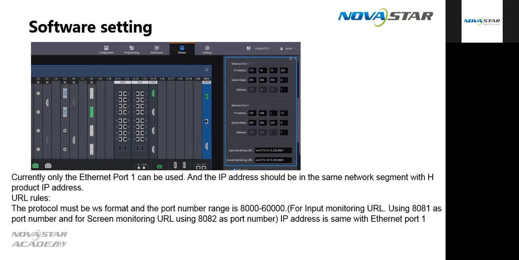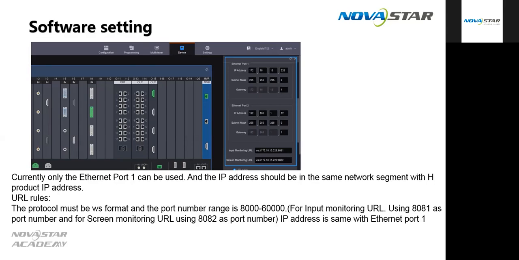After you fill in the IP address, the next thing is the URL. For this interface, the URL will be filled in automatically. The format is WS, slash, the IP address, and finally a port number.